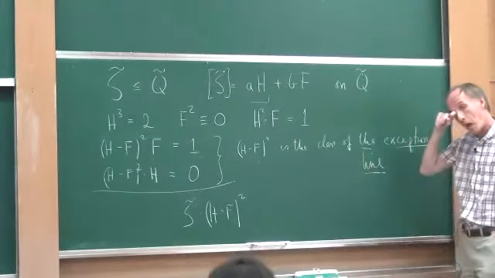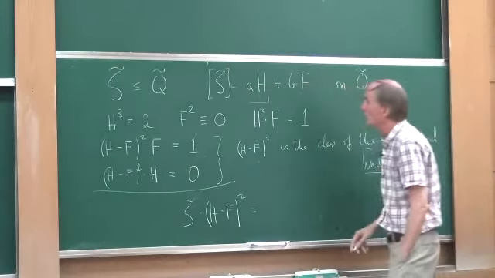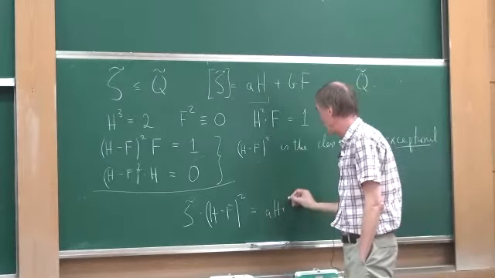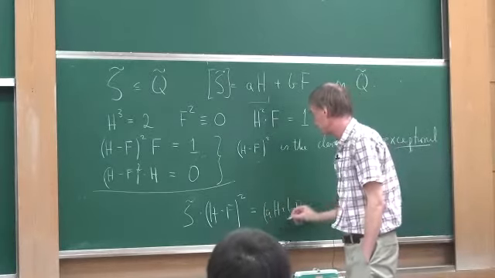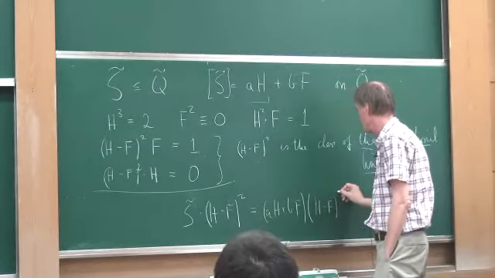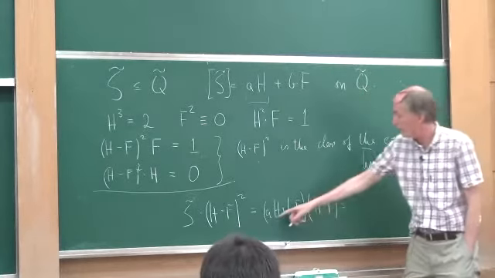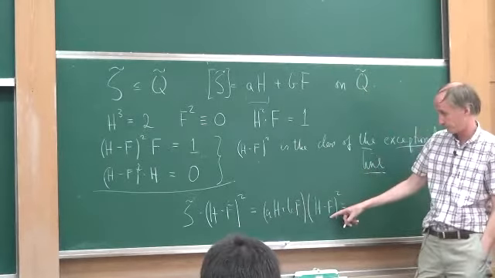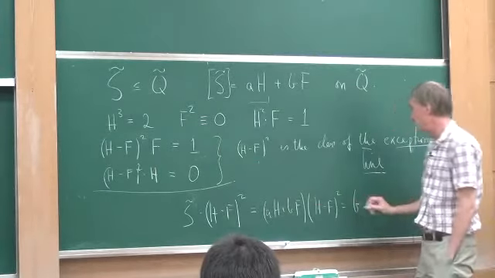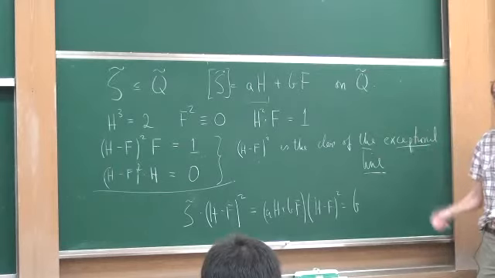What do I get? Well, this is AH plus BF multiplied by H minus F squared. Here H times this is nothing, that's what I computed. But F gives 1, so I get B. That intersection is just B.